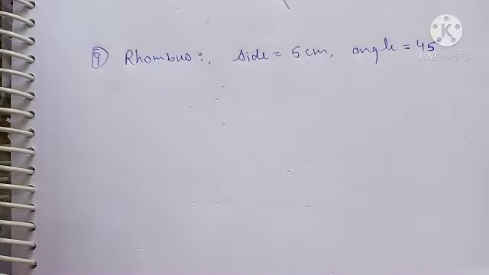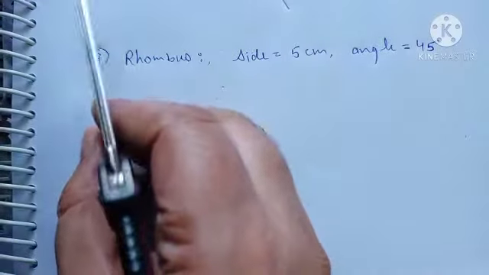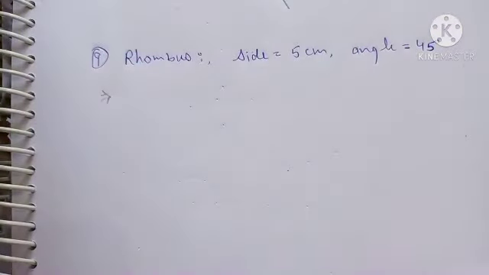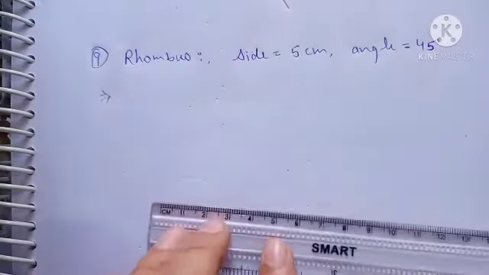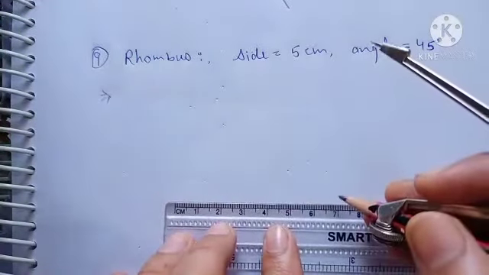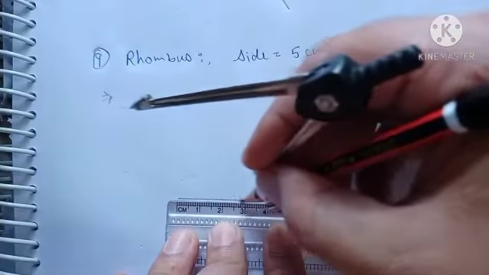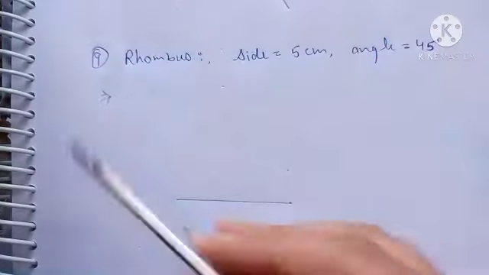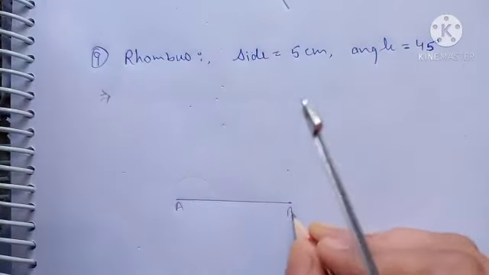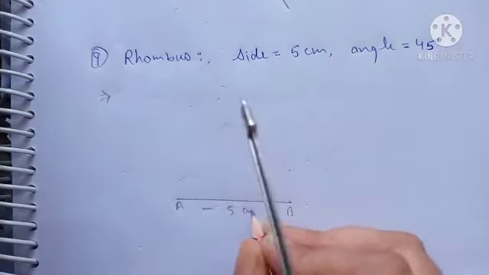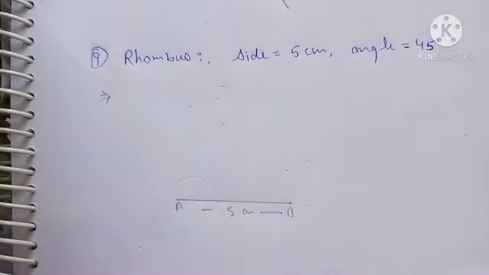So first of all, what we have to do in this question, we have to construct a line segment of 5 centimeter. It is a line segment AB of 5 centimeter. Now we will make 45 degree angle at B.